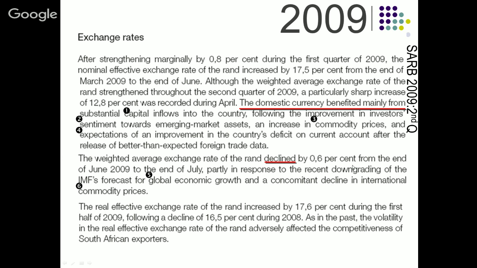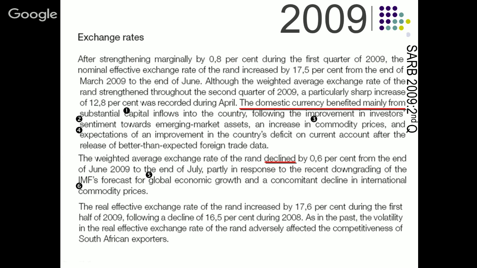Why does the currency decline? Here we have number 5 and 6. The recent downgrading of the IMF's forecast for global economic growth. Oh, do I see a pattern here?